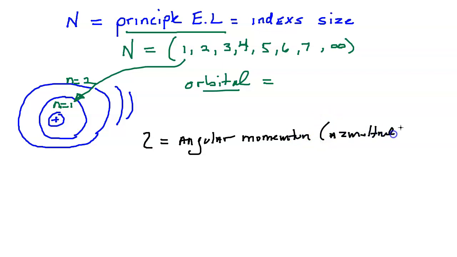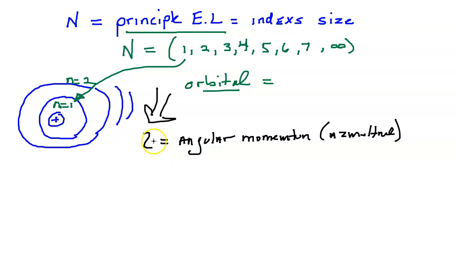I've heard it both ways when I learned this. It doesn't matter what it's called. This is the second quantum number, which, by the way, depends upon n. Remember, there are restrictions to each of these quantum numbers as we go through the rules.